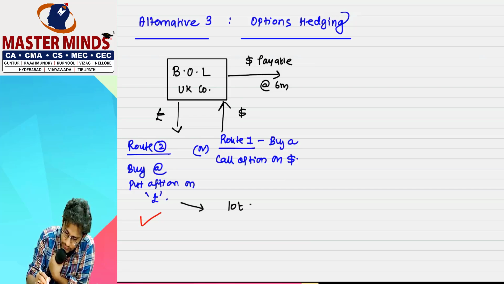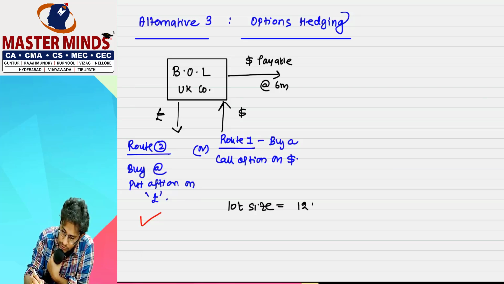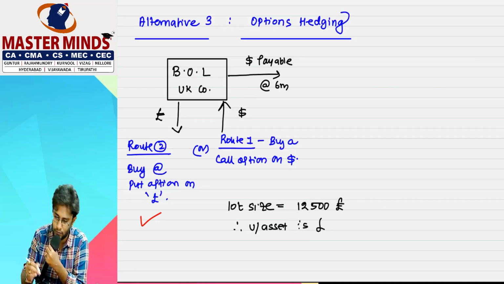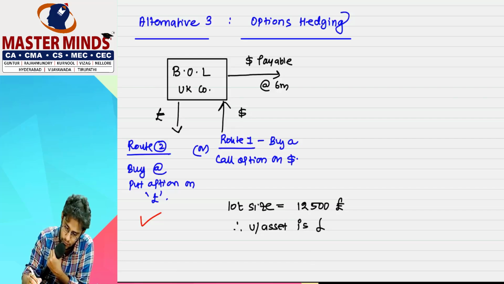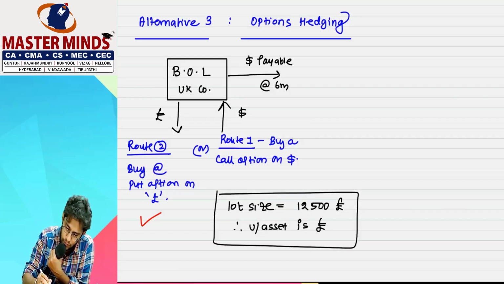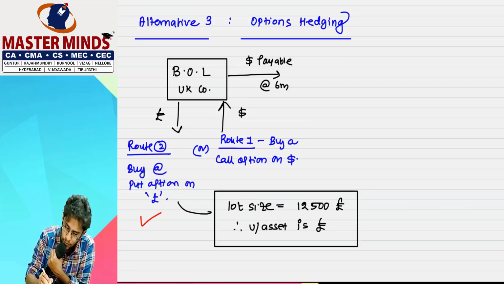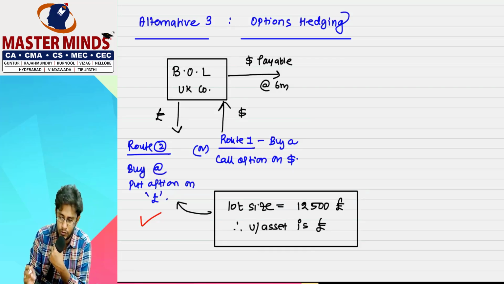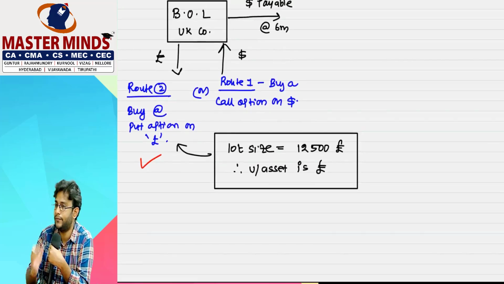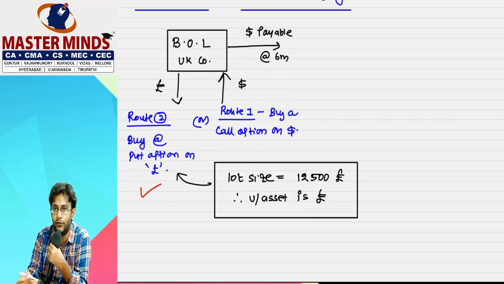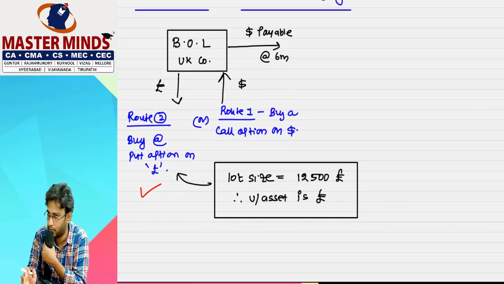Why this one? The lot size is given as 12,500 pounds. Therefore, the underlying asset is pound. So you'll select route 2. All this, even if you do not write in the exam, is perfectly all right. But inside it should be there.